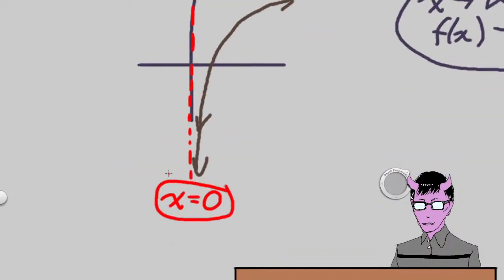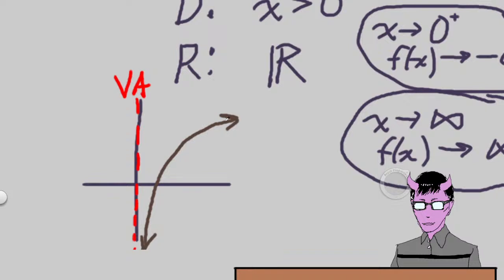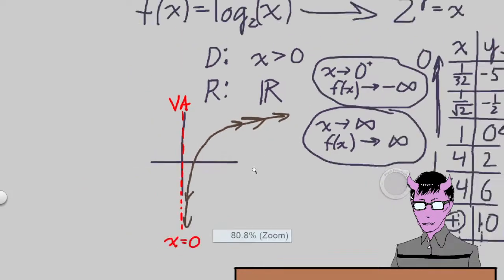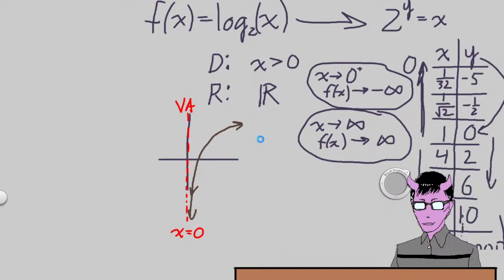We can't make x equal to 0, but for this visual representation of the wall, we say x equals 0. Again, that's the VA. And this arrow here goes onwards and upwards forever. But that looks ugly, so I'm not going to draw it like that.